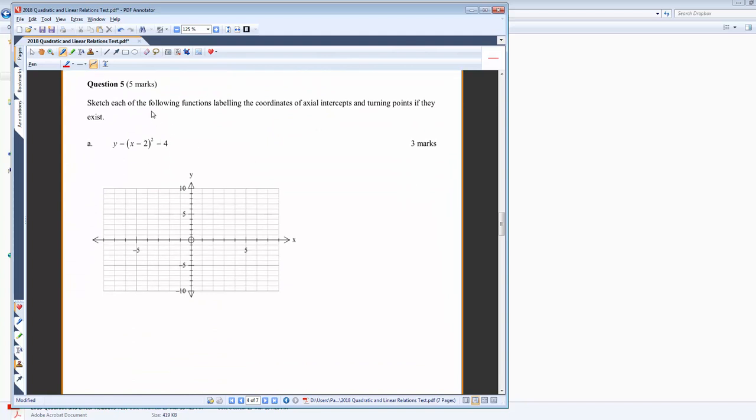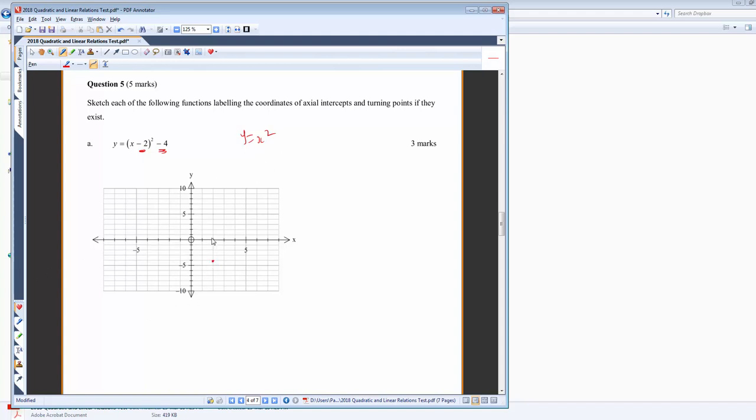Alright, sketch each of the following functions, labelling the coordinates of the axial intercepts and turning points if they exist. Alright, so this is the y equals x squared parabola moved 2 units to the right and 4 units down. So there's 2 to the right and there's 4 units down, and that's the turning point of this parabola.